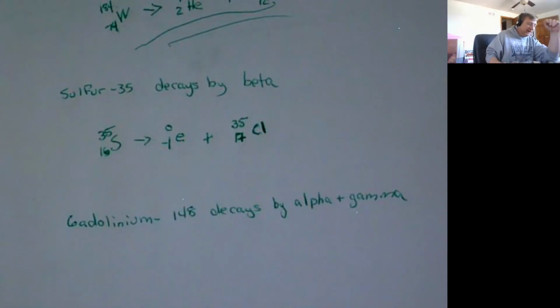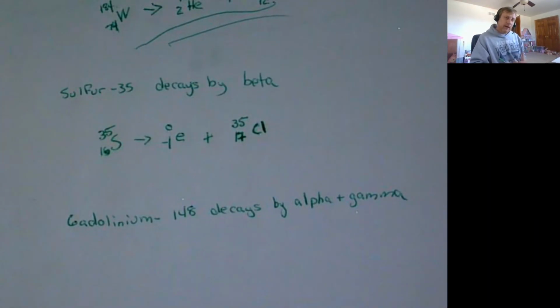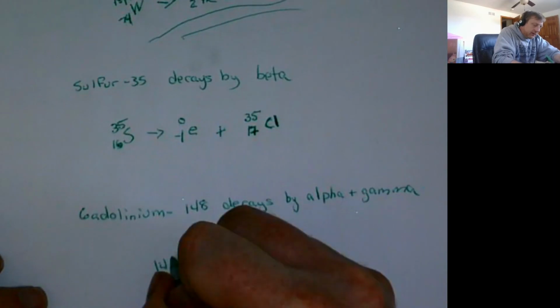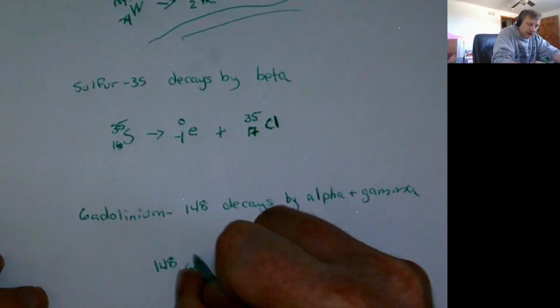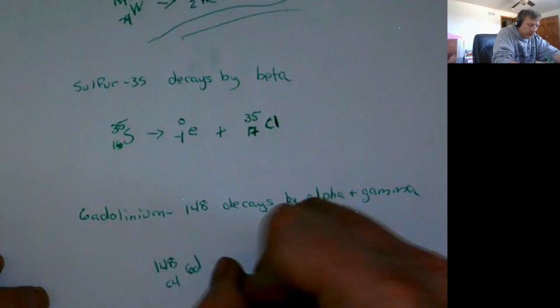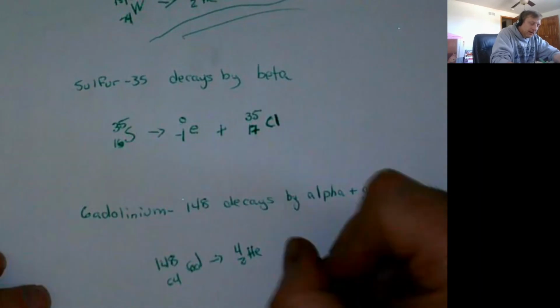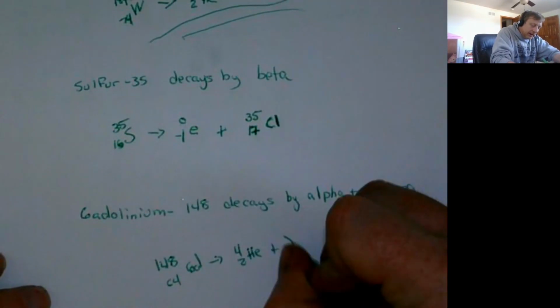All right, last one. We've got some gadolinium 148. It's going to decay by alpha, and it's also going to shoot out a gamma. Good thing is that this gamma isn't really going to change our problem at all, other than it just needs to be included. Okay, so gadolinium 148. Symbol is Gd, and atomic number is 64, and that's going to decay by alpha. Alpha is this 4,2 helium, and it's also going to shoot out a gamma.